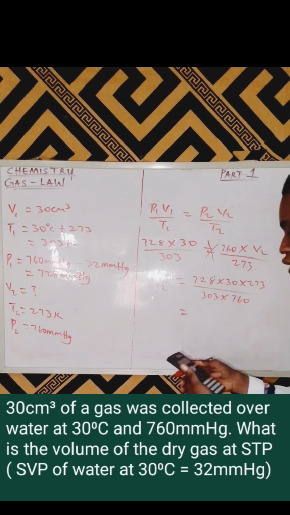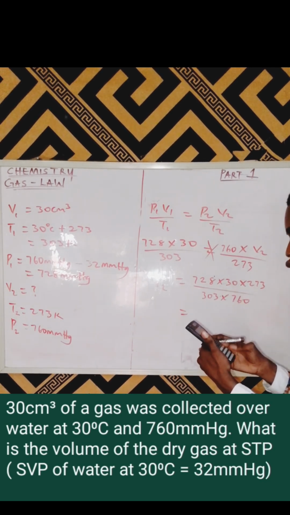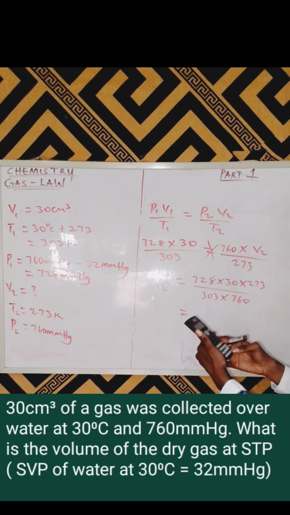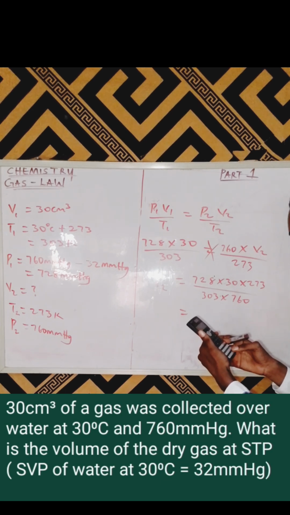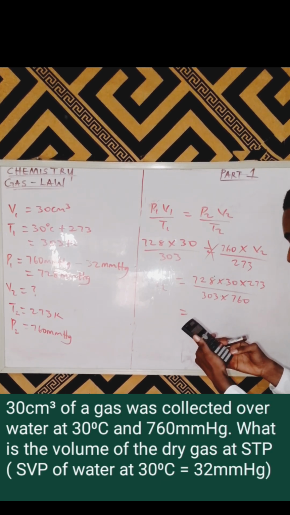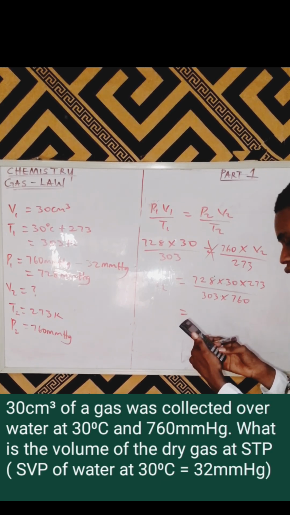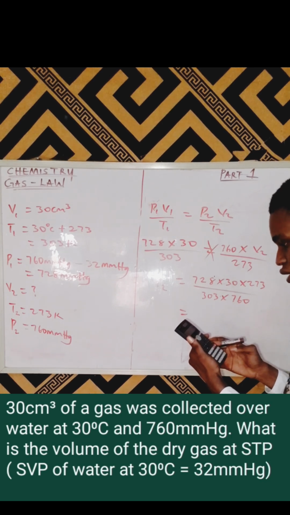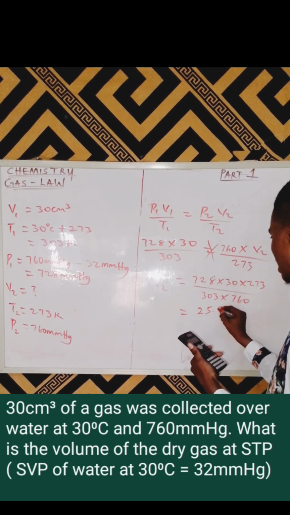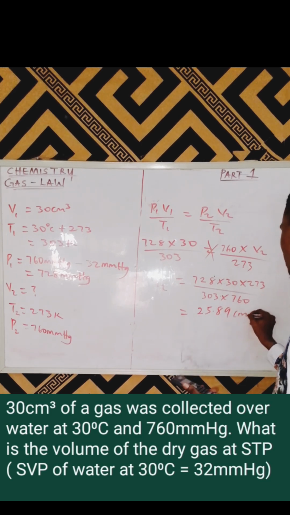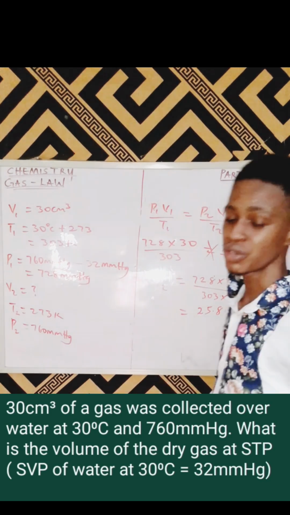So I'm going to have 728 times 30 times 273 divided by 303 times 760, that will be equal to 25.89 centimeter cube.